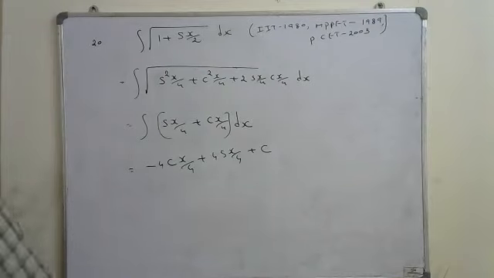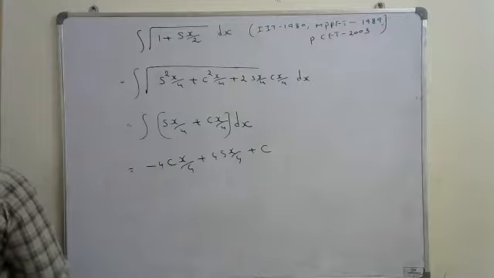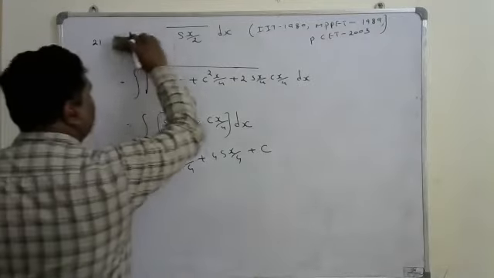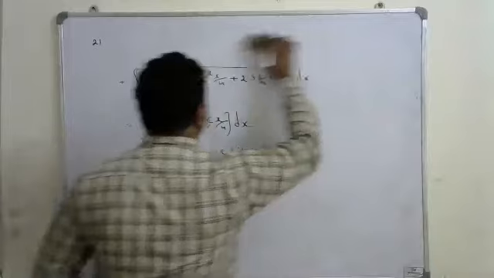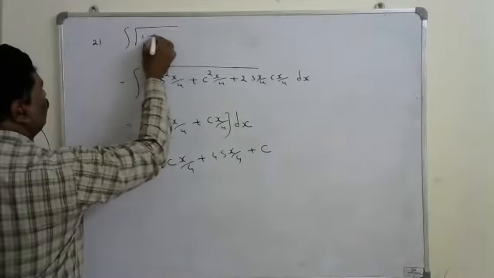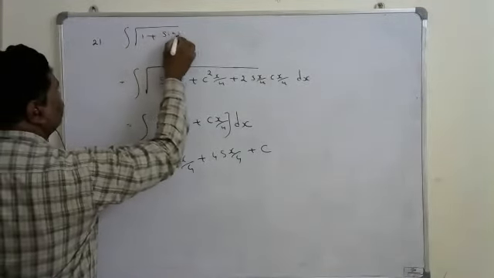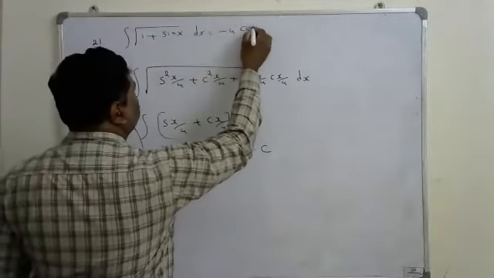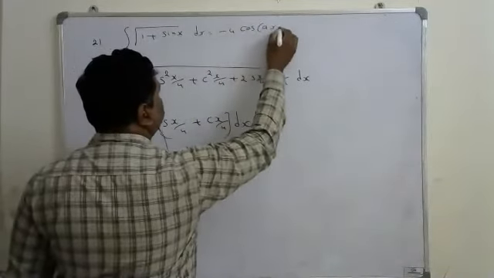Next, look at the next problem, the 21st problem. It is given that the integral of the square root of 1 plus sin x dx is equal to minus 4 times cos of ax plus b, plus c.